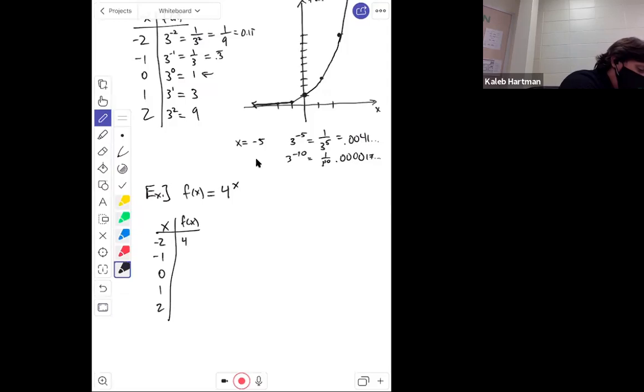This is probably one most of us can do mental math on. We know what 4 squared is, right? We know it's 16. So this is 1 over 4 squared, or 1/16. So at -2, we're at 1/16.